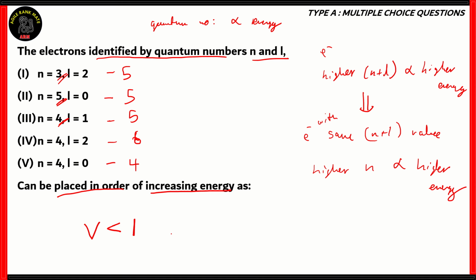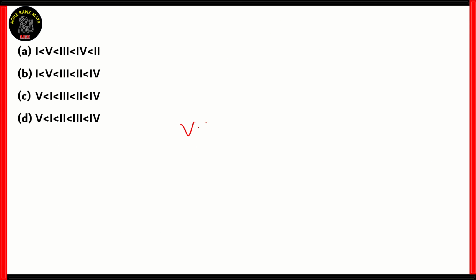Electron number 3 would have the next highest energy because n equals 4. Electron number 2 will have the highest energy among the 3 electrons with the same n plus l value because its principal quantum number is 5. And then we have electron number 4, which has the highest energy of the given set because its n plus l value is equal to 6, which is the highest. So the correct order is 5 less than 1, less than 3, less than 2, less than 4.